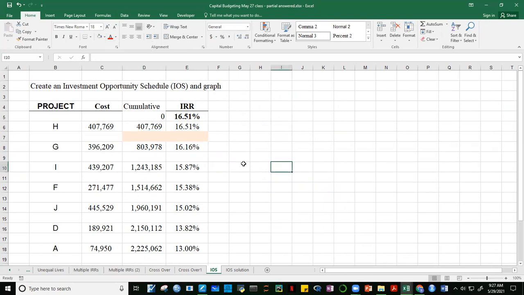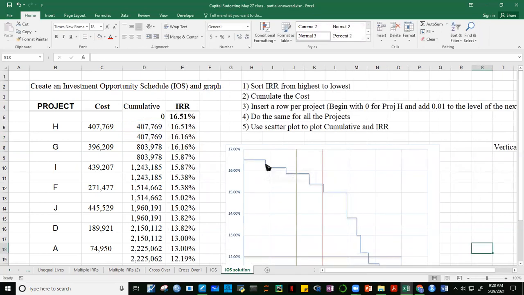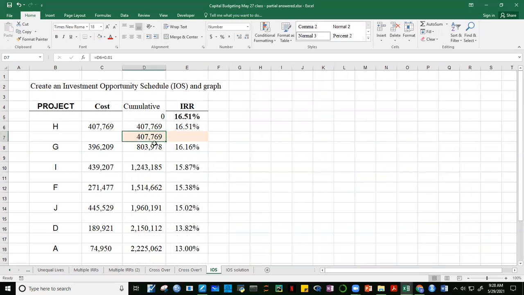To make sure that we'll have the drop down, we will be equating this one. It starts from 407,769, and then we're going to add a very small incremental number, 0.01. By doing this, we are ensuring that there will be a drop in the plot. Let me flash that again, 0.01.